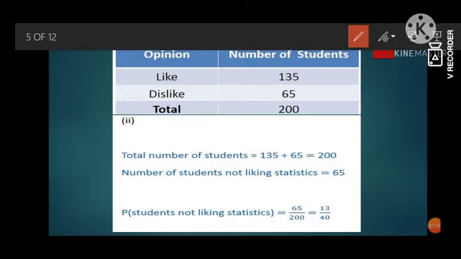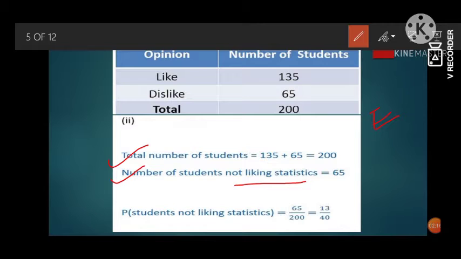In subpart 2, we had to find the event E, where the student dislikes statistics. So again, total number of students is 200 and the number of students disliking or not liking statistics is 65.